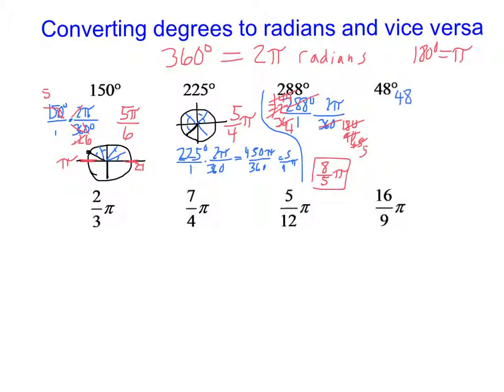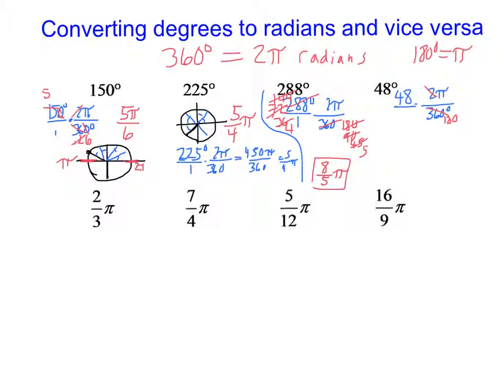48 on the bottom, 360 degrees is 2 pi radians. Again, both of these are even, so I could actually cancel the evens that way. I could get it down to 180. 48 and 180, both are divisible by a number of things.